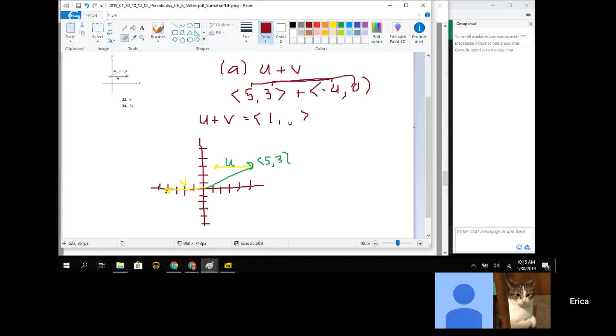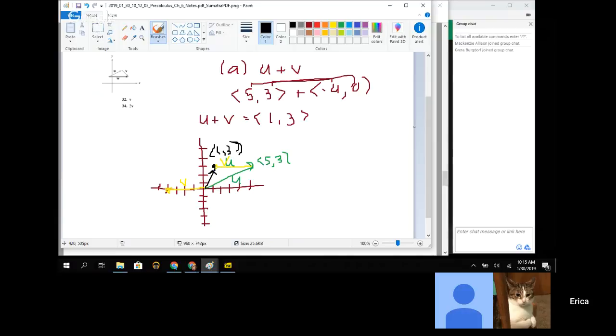That should be a 3 right there. If you add 3 and 0 together, it should be a 3. So if I add together vector u and the yellow one, v, the two vectors combined come to a point which is at 1, 3. But it's not a coordinate like 1, 3, it's a vector 1, 3.